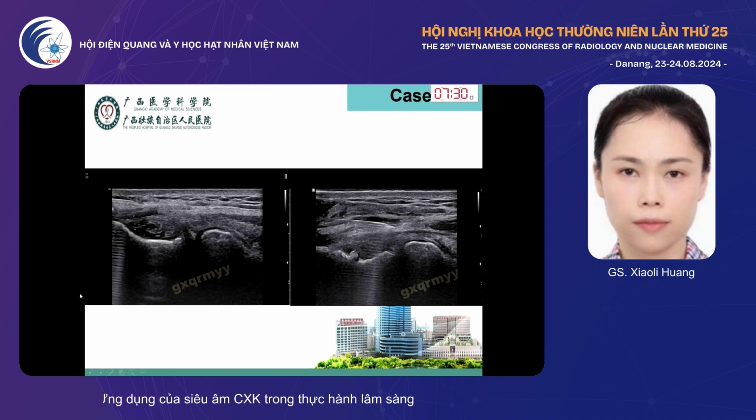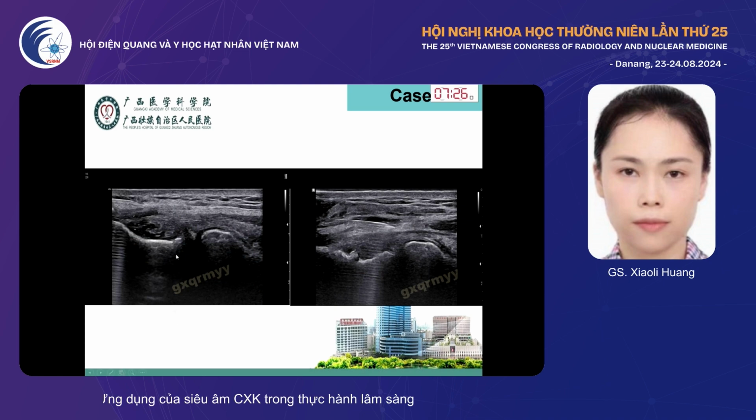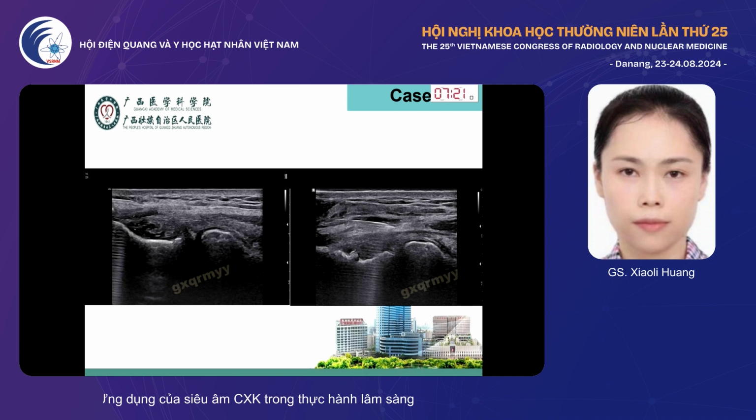First, we perform hydrodissection on the surface of the common extensor tendon. Then, we treat it with ozone.